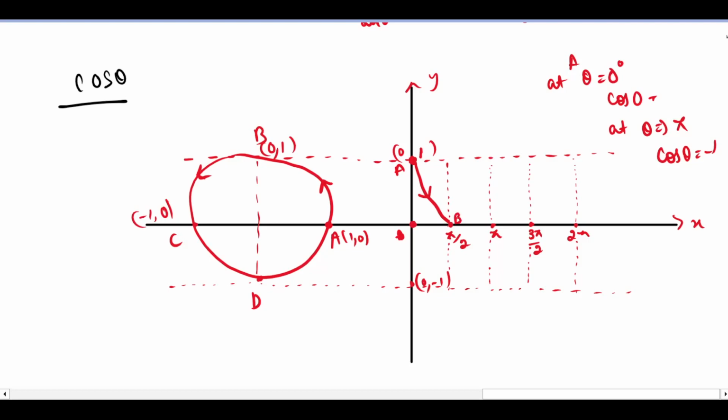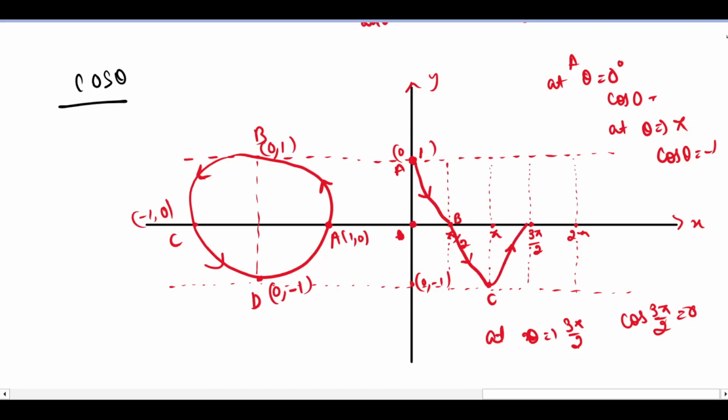This is point 0. Then the value goes from B to C. Then again at theta equal to 3 pi by 2, cos 3 pi by 2 is 0. Again value from C to D, value of cos theta increases from -1 to 0.